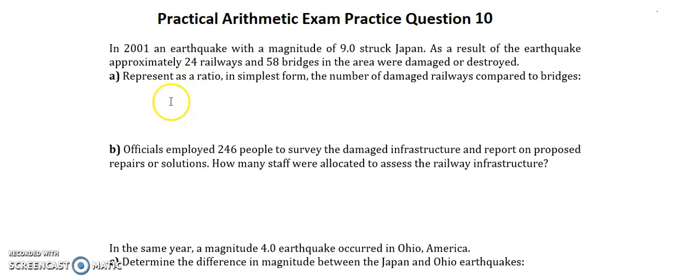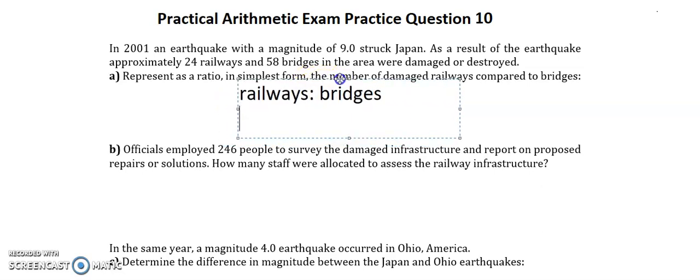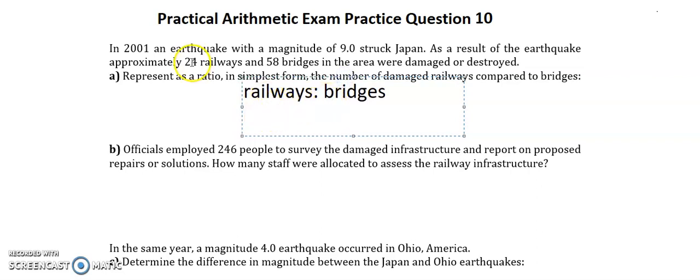So the first thing I would like us to think about is we are doing a ratio. So we are doing railways compared to bridges. The number of railways is 24. The number of bridges is 58.